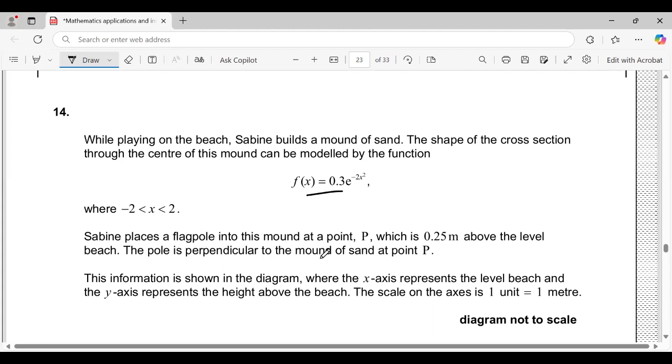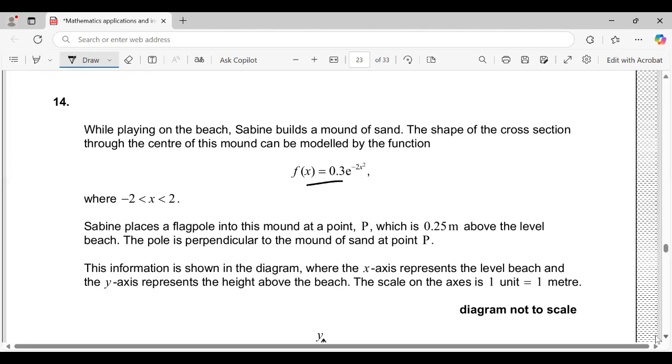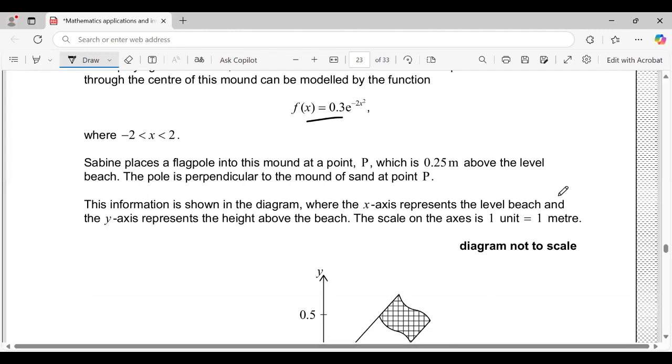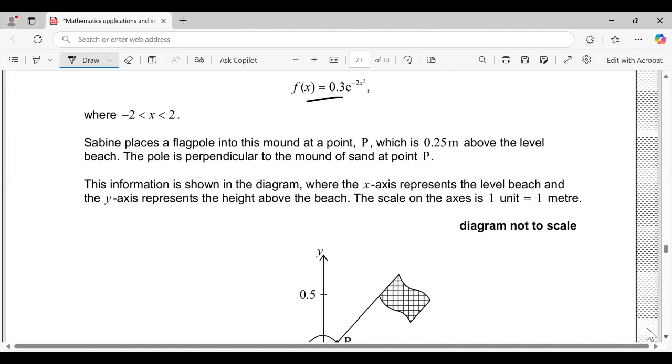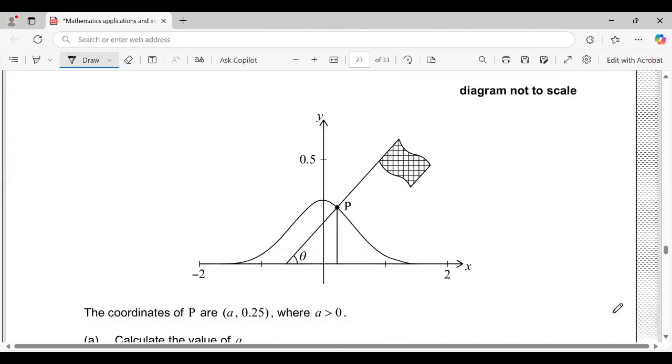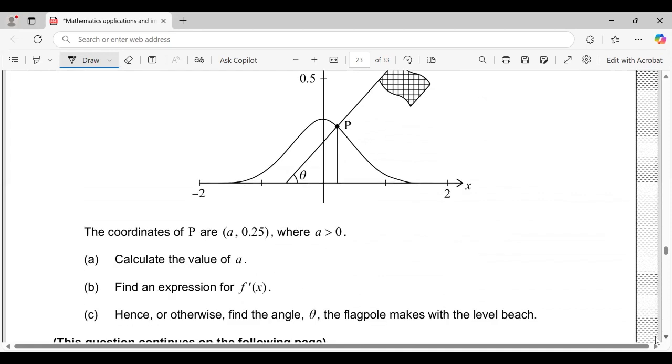The pole is perpendicular to the mound of sand at point P. This information is shown in the diagram where the x-axis represents the level beach and the y-axis represents the height above the beach. The scale on the axis is 1 unit equal to 1 meter. Coordinates of P are (a, 0.25), where a is greater than 0. Calculate the value of a.